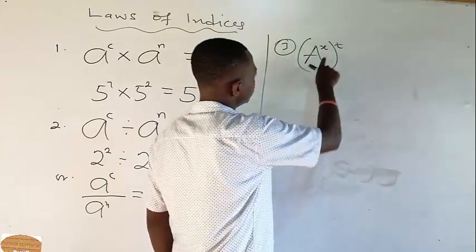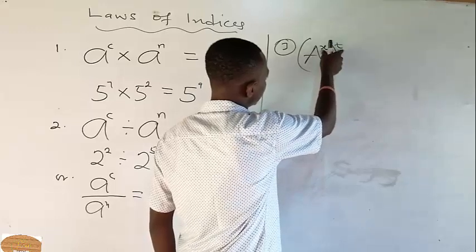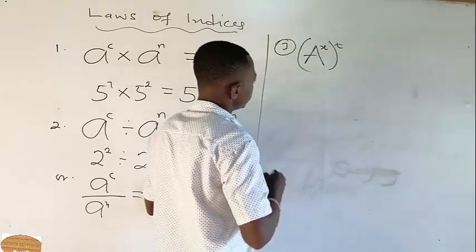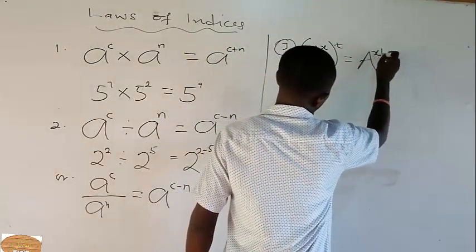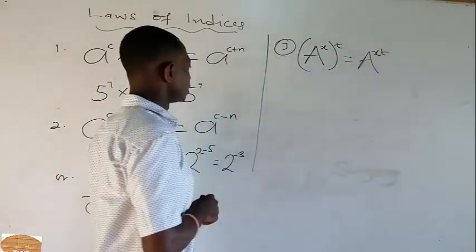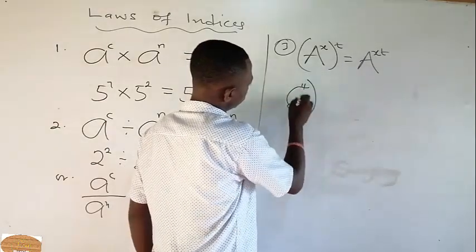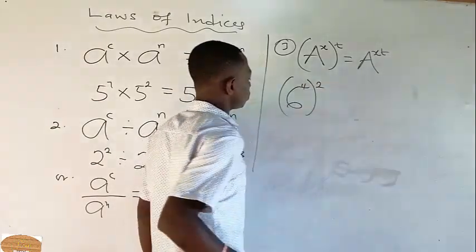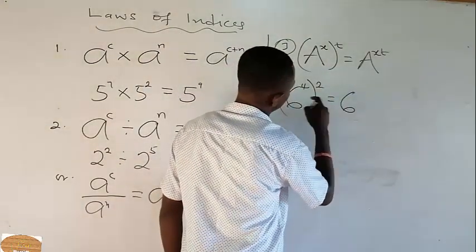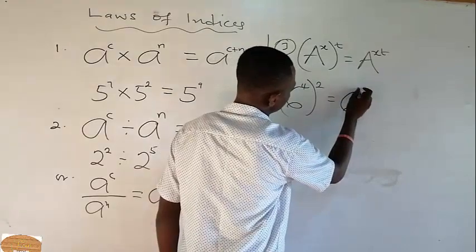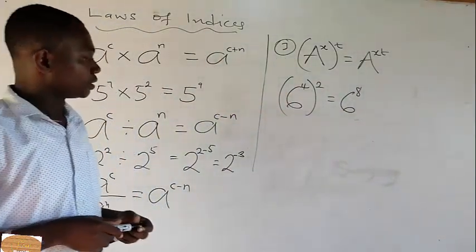The law says that this one can multiply this, so S times T. So this is the same as A to the power S T. So in case of 6 to the power 4, all to the power 2, this is the same as 6 to the power, then multiply 4 times 2, which is 8. So that is that.